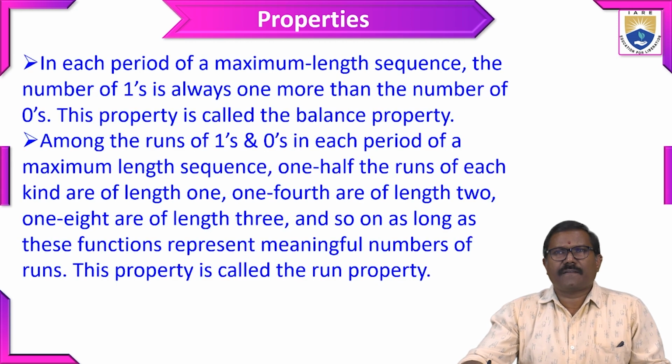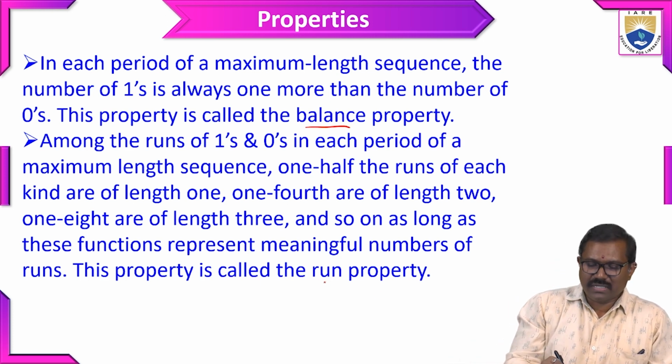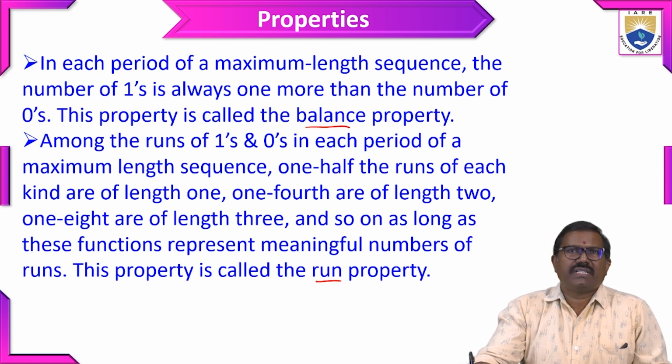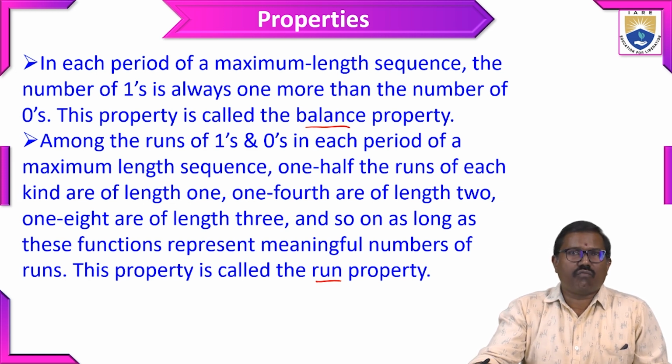Now the properties. Here we have two properties: the balance property and the run property. In the balance property, in each period of a maximum length sequence, the number of ones is always one more than the number of zeros.